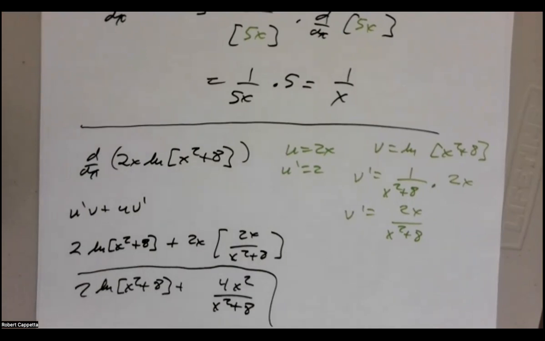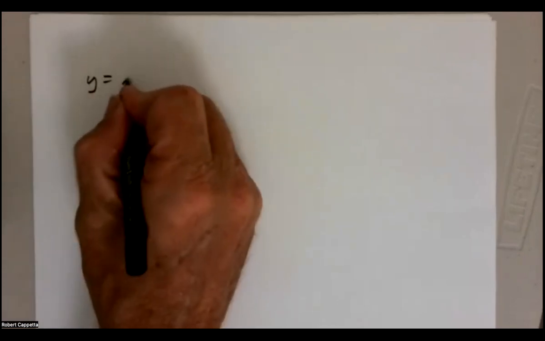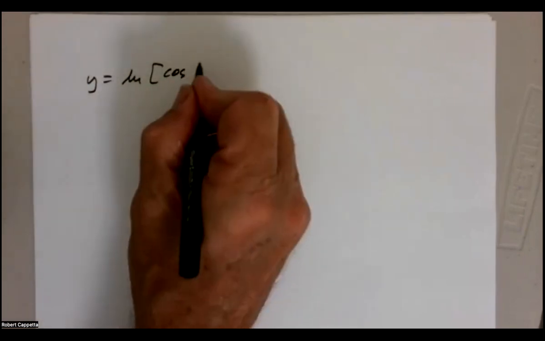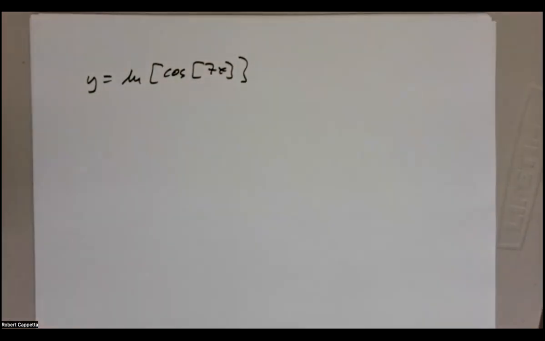Then I've got one more to do here. Number 15 is going to be a chain rule-ish problem. Let's take a look at how that's going to work. So I've got y is the log of the cos of 7x. What is dy/dx?